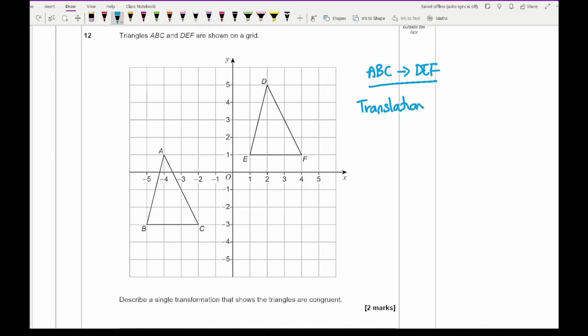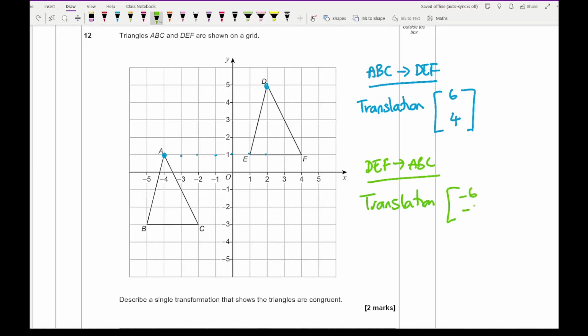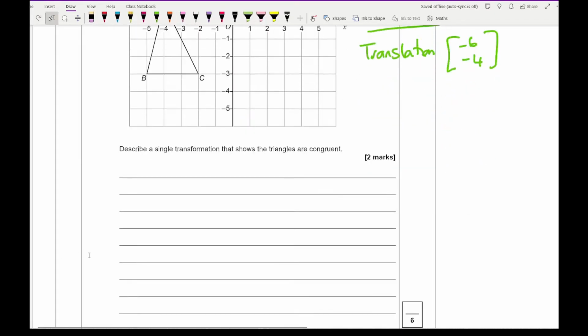If we pick a point, let's go for A and the corresponding point, that's 1, 2, 3, 4, 5, 6 across and 4 up, so it's a translation with a column vector of (6, 4). If you're going from DEF to ABC, it will still be a translation, however the column vector will be in the opposite direction, so that would be (-6, -4). You can give either the first answer or the second answer.